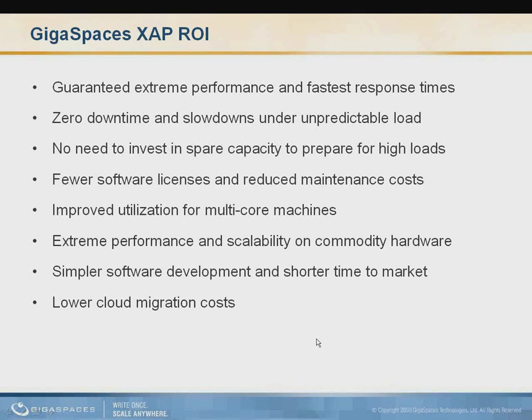The other thing is the multi-core that I mentioned here. Again, it's the ability to take advantage of the hardware and squeeze more out of the existing hardware by making the application layer more efficient. And that basically ends up with the fact that we need fewer machines to deal with our application or to meet our performance requirements. As Kees mentioned, the fact that you can reduce the complexity of the development is also saving you development cost.